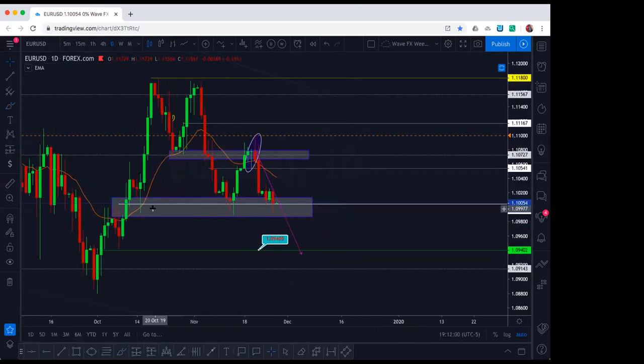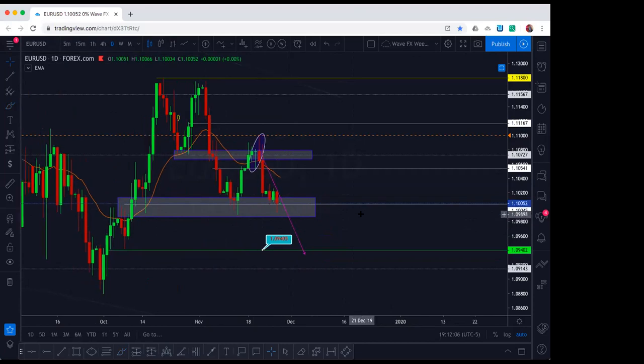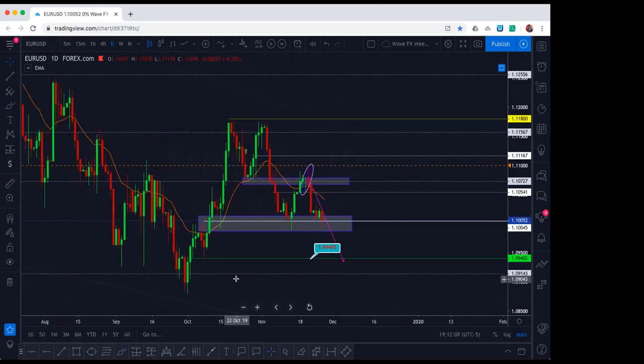So we are now at a key level for price. I don't want to really call this area support, but our support zone is already way down at 1.0914. That's where support is. But what we're expecting out of the market now is to see some sort of bullish price action coming into play.